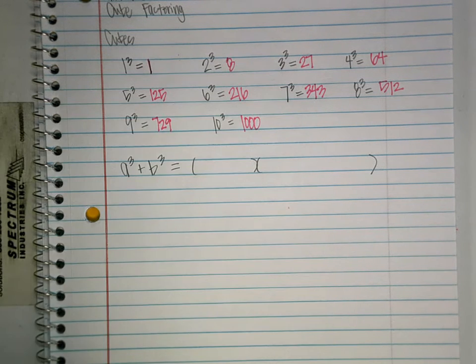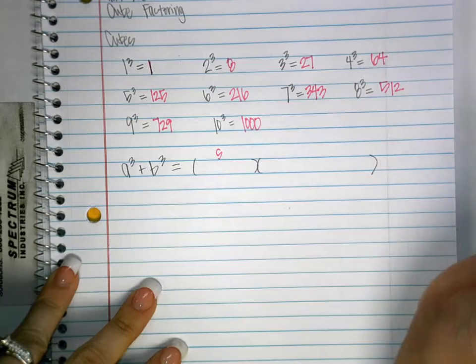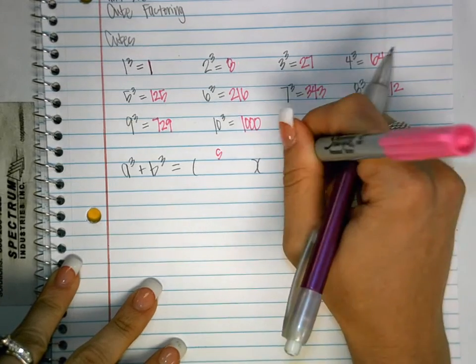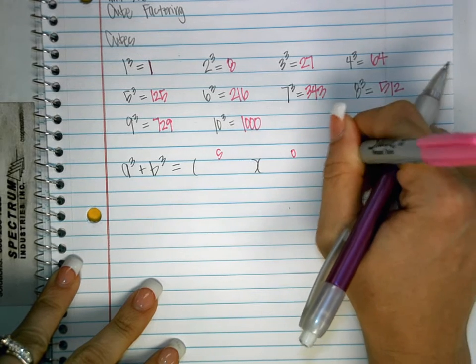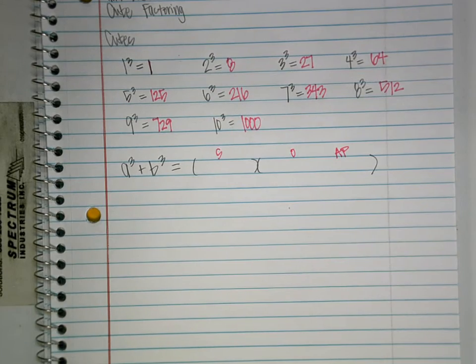Okay, now cube factoring is, we call it cube factoring, but a lot of times you're going to hear people call it SOAP factoring. And the reason we call it SOAP is there's an acronym for the signs. So I want you to actually write out S, O, A, and P go together. S, O, A, and P. And these represent the signs for your parentheses, okay?